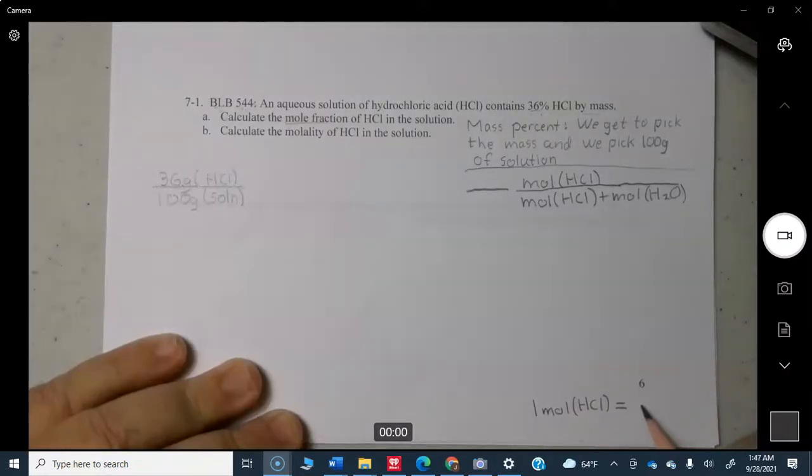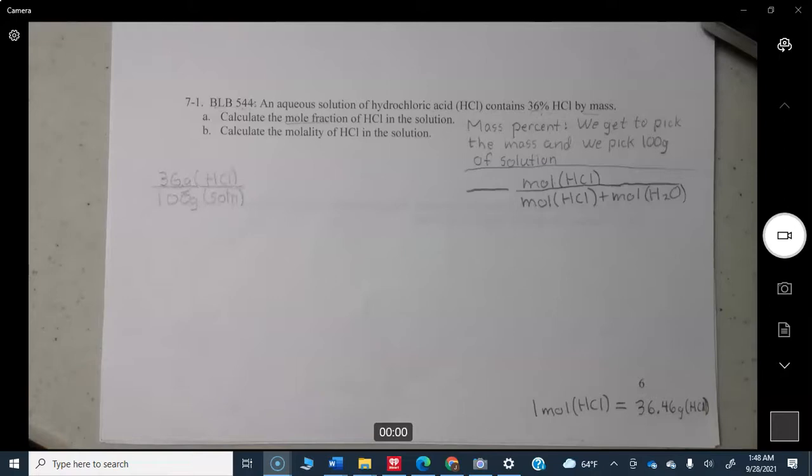Okay, and that comes out, you add 1 hydrogen to 1 chlorine, you end up with 36.46. Okay, so that's HCl. Alright, so that you're going to turn it into your 2 conversion factors.